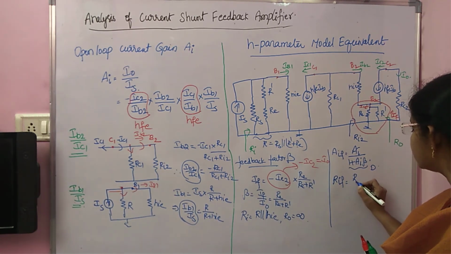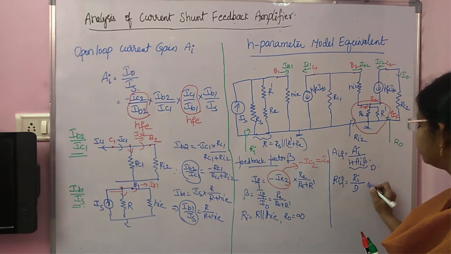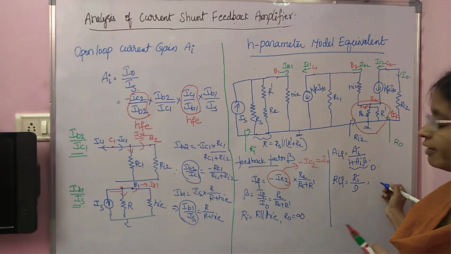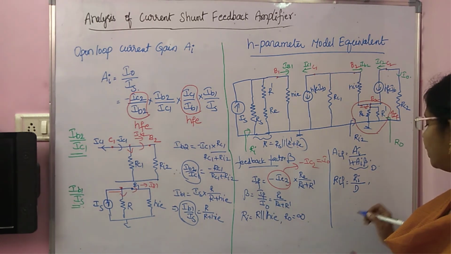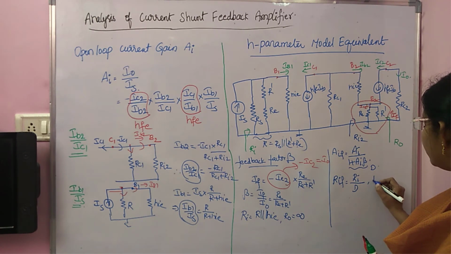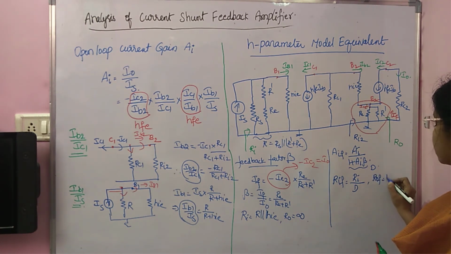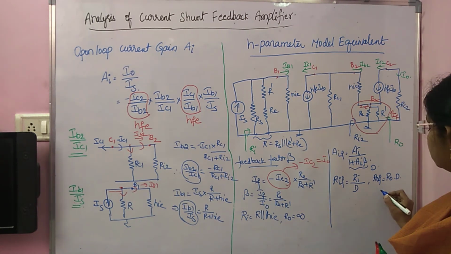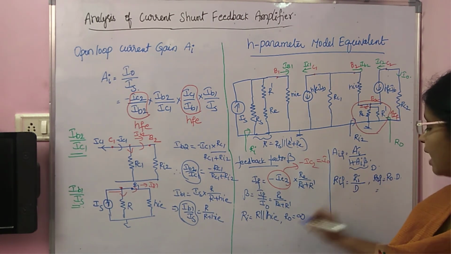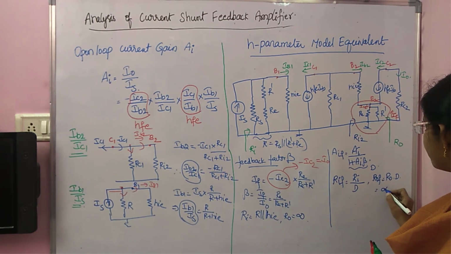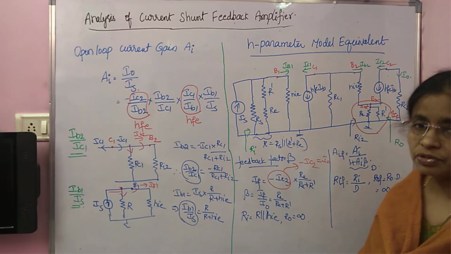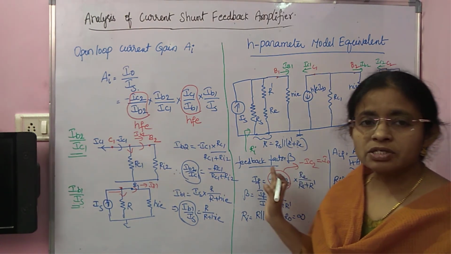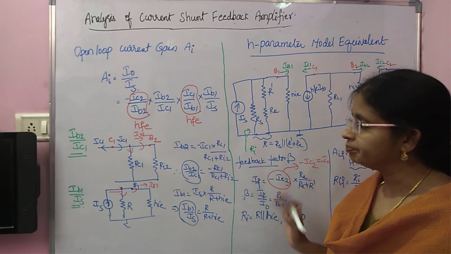So RIF is RI by D. Then R naught F. This is current sampling. So as this is current sampling, R naught F is R naught into D. Then R naught is infinite, so R naught F is also infinite. So this is about the analysis of the current shunt feedback amplifier.